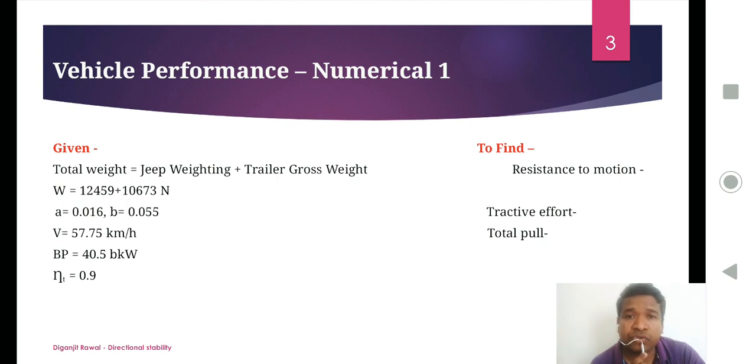Small a is equal to 0.016, b is equal to 0.055. V, the speed of the vehicle, is 57.75 kilometer per hour. BP, brake power, is equal to 40.5 kilowatt. Transmission efficiency is 0.9. And here we have to find out resistance to motion, tractive effort and total pull. So this is our given, and we have to find out three parameters in the vehicle performance numerical.